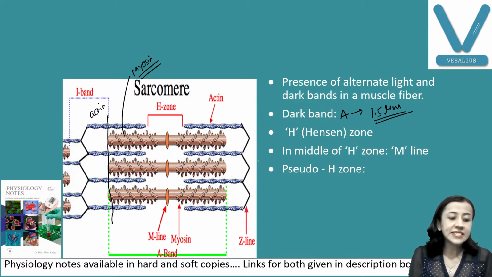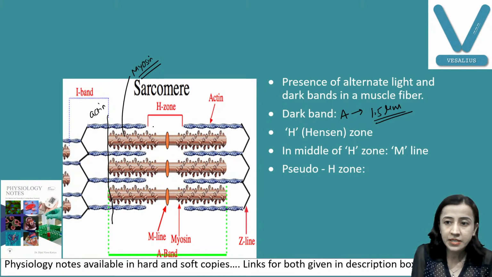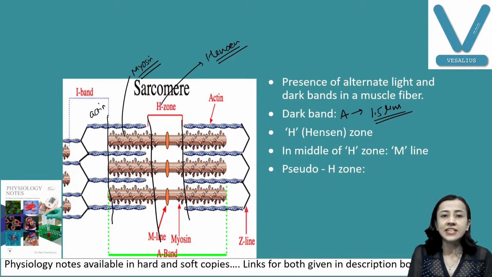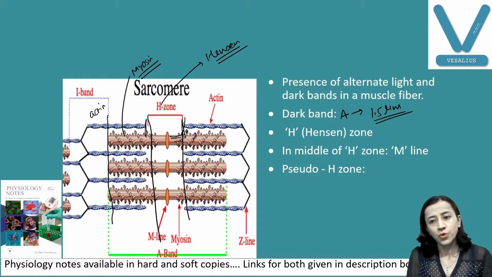In the center of the A band, you can see the H zone, which is also known as Hensen's zone. This is a less refractile region. Why is it less refractile? Because here the head part of the myosin filaments is not present, only the tail part, and actin filaments are also not present in this Hensen zone.